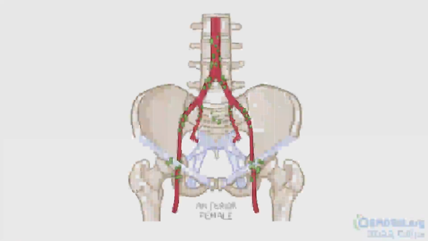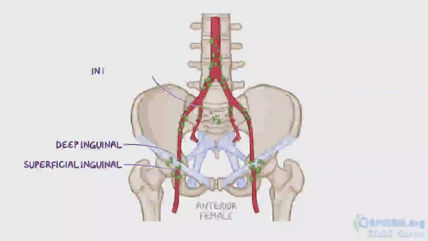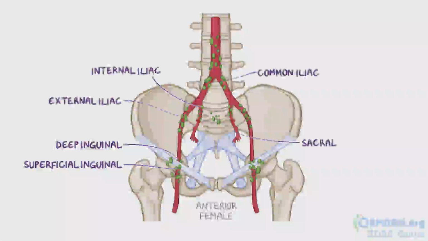Alright, as a quick recap, lymphatic drainage of the pelvis includes major and minor lymph nodes. Major groups of lymph nodes include the superficial and deep inguinal, internal iliac, external iliac, sacral, and common iliac lymph nodes. The nerves of the pelvis can be divided into somatic and autonomic nerves.